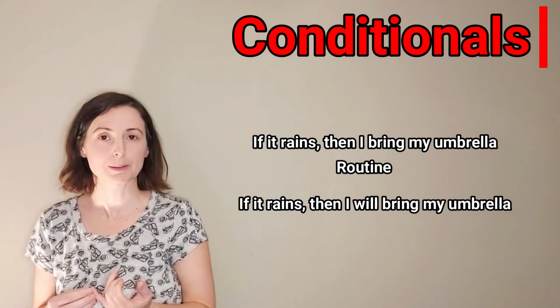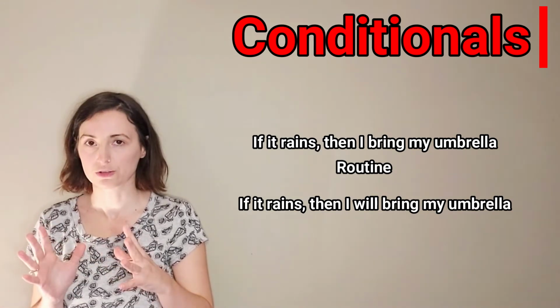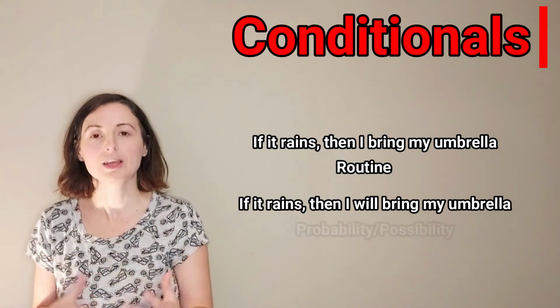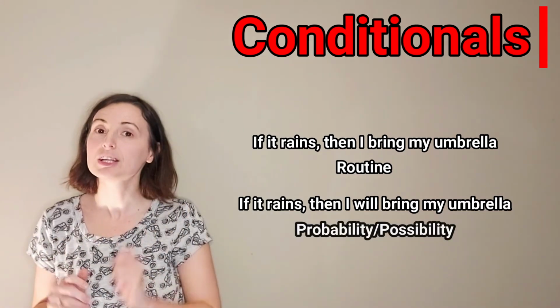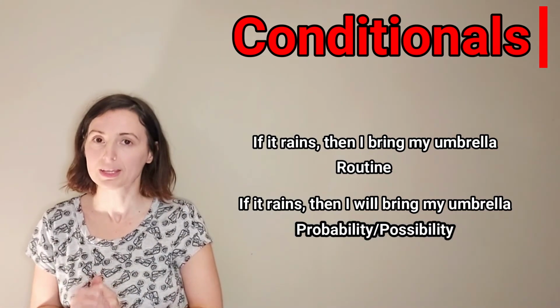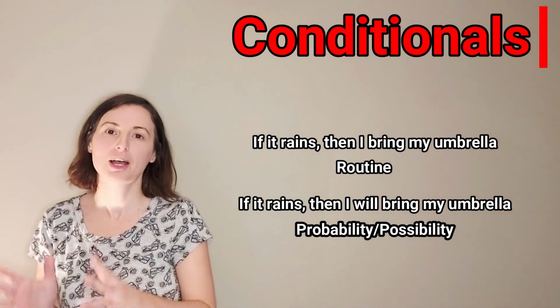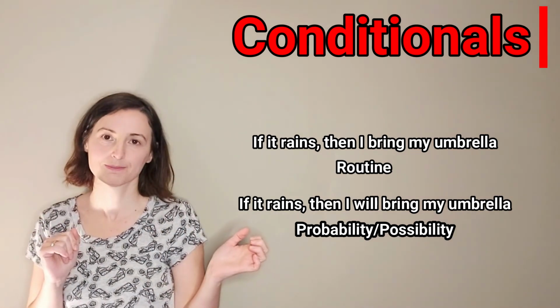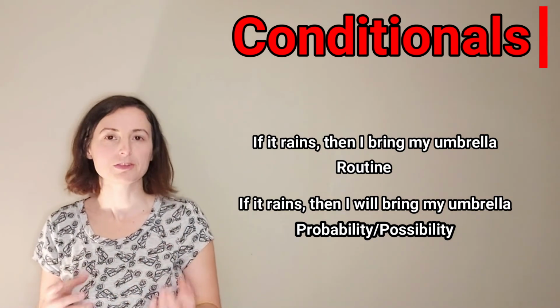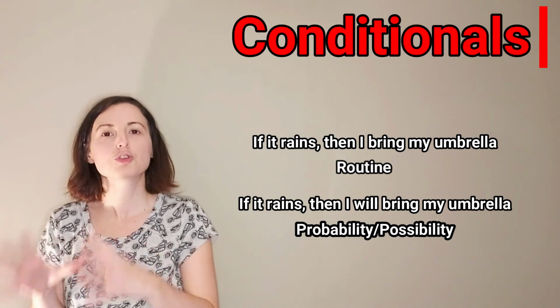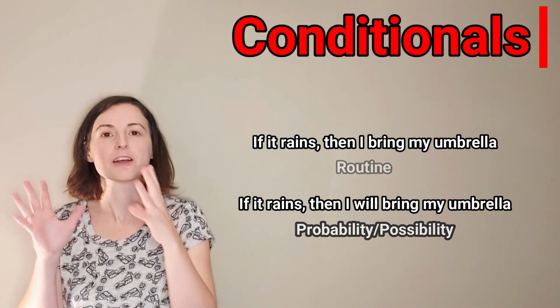Whereas in the second example, I use the first conditional because I want to express that when it rains, I very likely will have my umbrella with me. However, there are times I may forget. So when it comes down to the message that you are trying to convey, choose the appropriate conditional that fits that message.